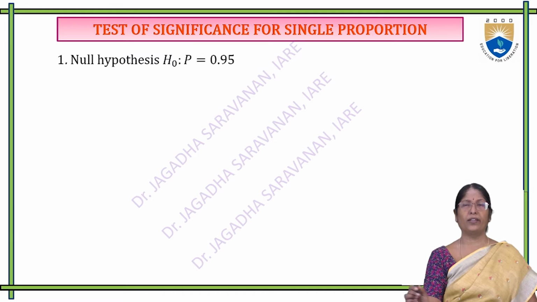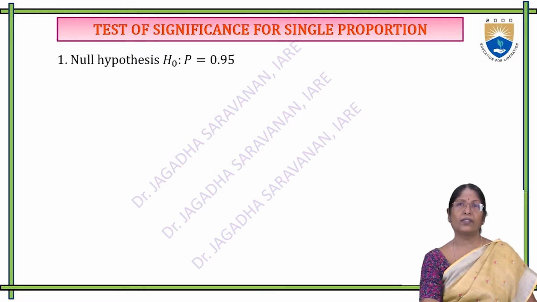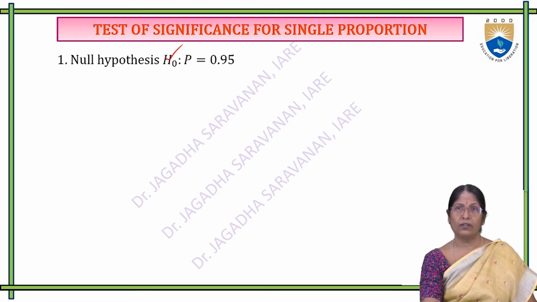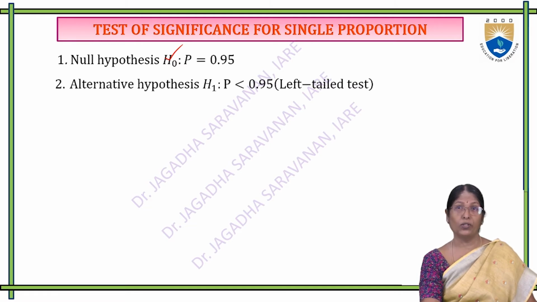So the first one is the null hypothesis, the symbol H0. About the population, the information we define in the null hypothesis is capital P equal to 0.95: 95% of the equipment conforms to specification. But the second one we will reject. Why here specifically do we have to select less than?